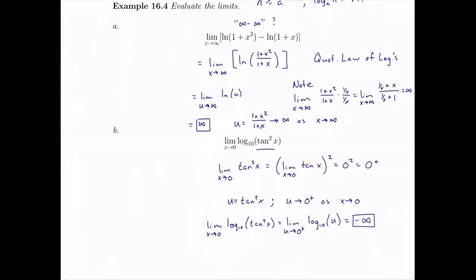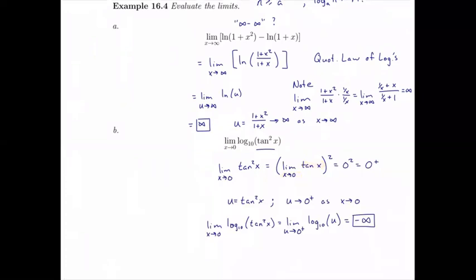And here's one very subtle aspect of this. If we approach 0 from the left, tangent of x is going to approach 0 from the left. It's going to be little negative numbers. But if we're squaring all those little negative numbers, they come out positive. If we approach 0 from the right, tangent x is going to approach 0 from the right as well.